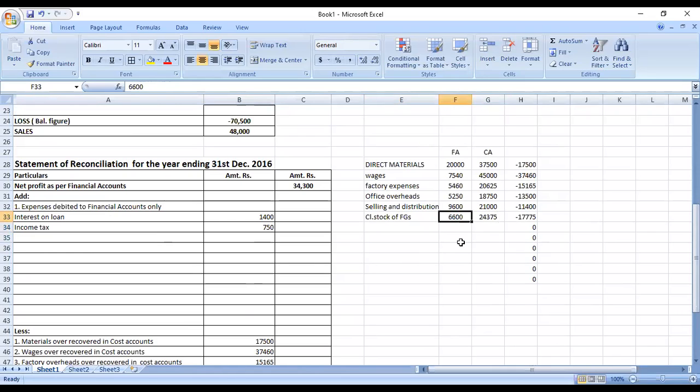We consider closing stock very less, 6,600, but as per costing 24,375, that is a difference of 70,775. What did we do? What is the relation of closing stock with profit? Closing stock increase, profit increase. This is the relation of closing stock with profit. Therefore what I want to say is that we consider closing stock less, we have taken less. Okay, that means because of that our profit is showing less, but in costing they take the maximum. The relation of closing stock is that when closing stock is increased, my profit is increased. Okay.